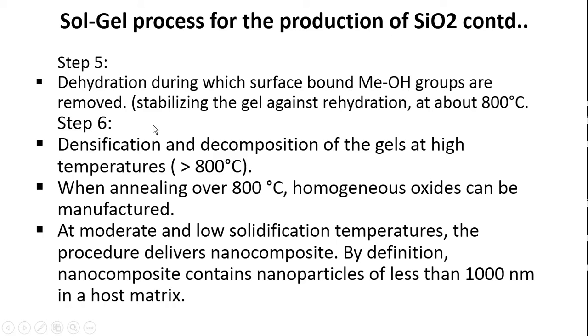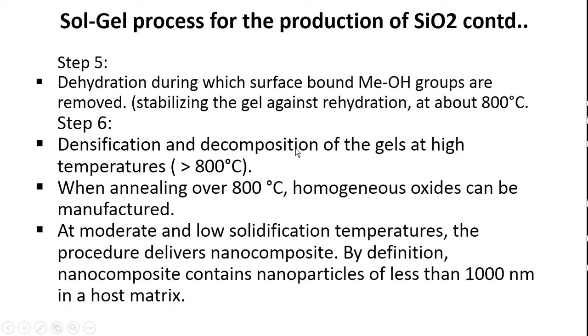These groups are removed due to the dehydration, which stabilizes the gel against rehydration. This dehydration occurs at a temperature of 800 degrees centigrade, and that causes the surface-bound Me and OH groups upon the gel surface to be removed.